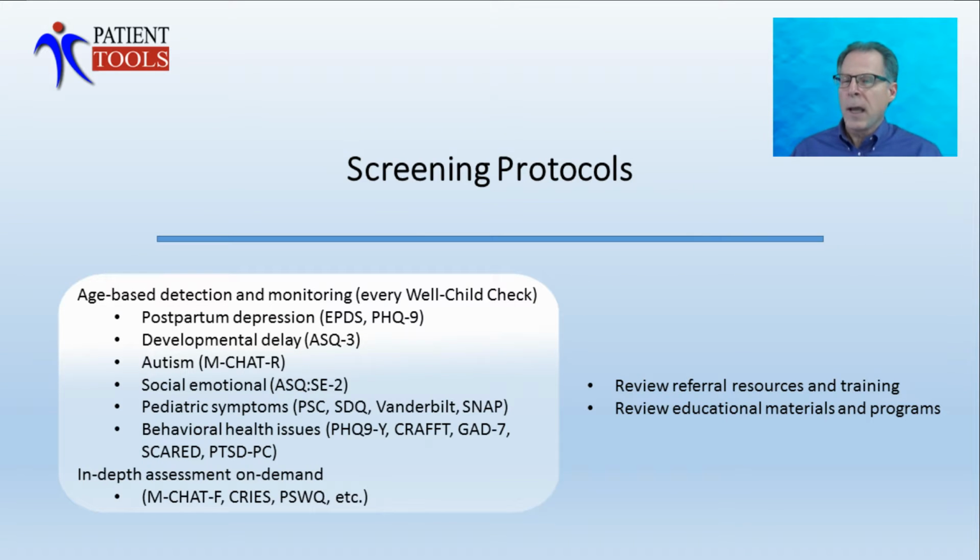First thing we need to look at is, what are the screening protocols you want to get into? If you think about all of the guidelines, AAP and the US Preventive Services Task Force, you end up with an age-based protocol that you need to think about. In that first 0 to 3 months, you're probably just looking at maternal depression, using the EPDS or a PHQ-9.